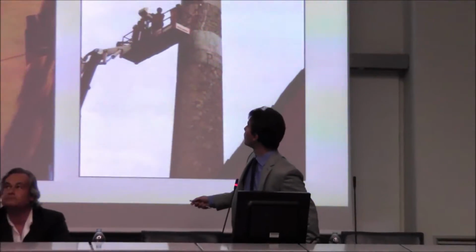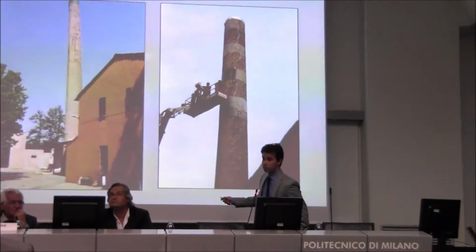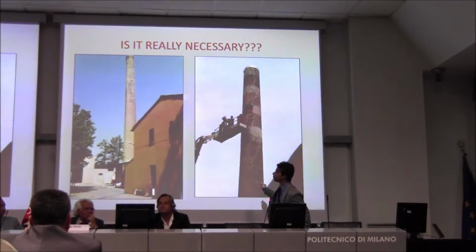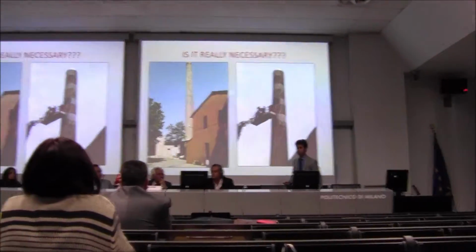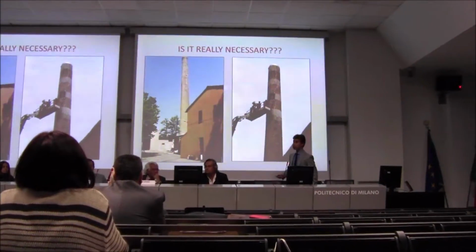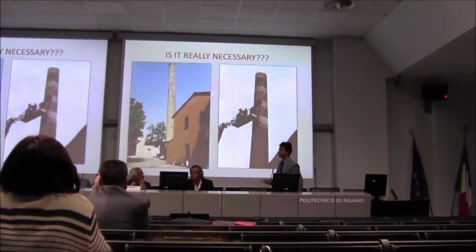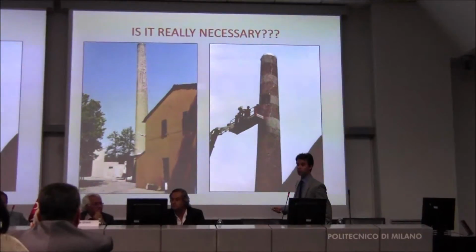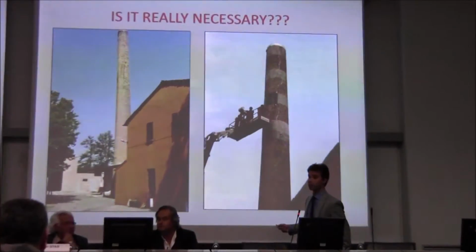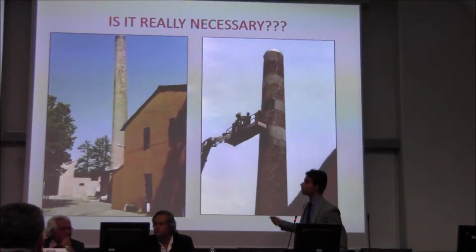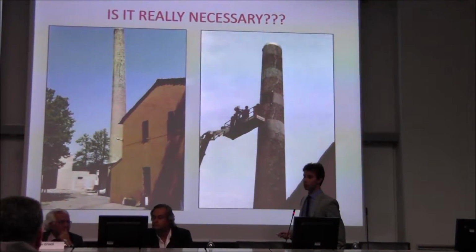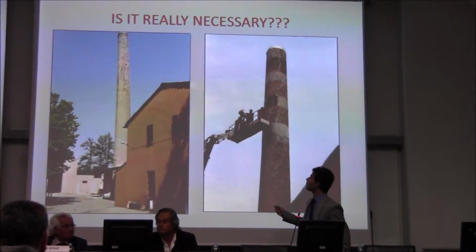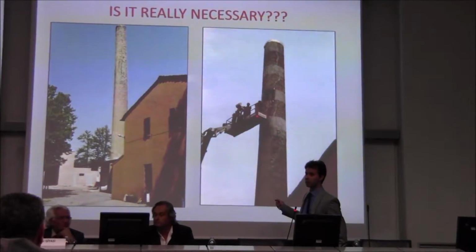We can see here the consolidation of a chimney in Italy, where strips of fiber reinforced polymer have been adopted. The question is: is this intervention respectful of the existing structure? Is this a reversible intervention? Is this a minimum intervention? Probably this is not a minimum intervention, so probably an intervention like this is not necessary.